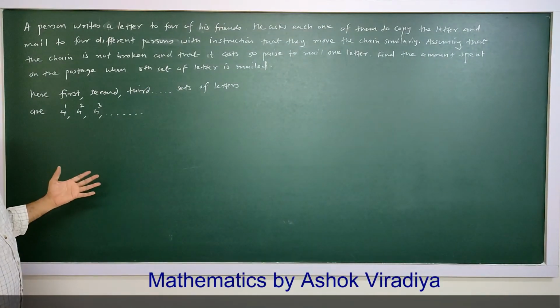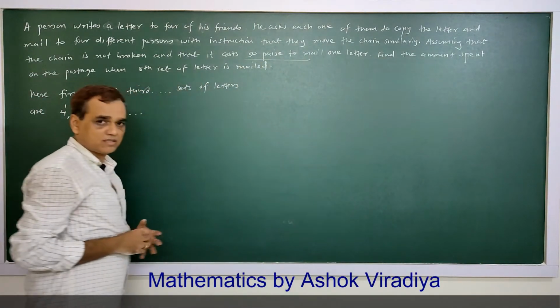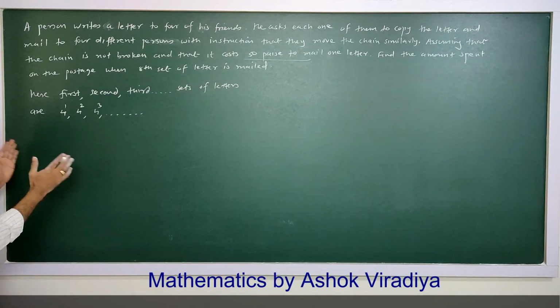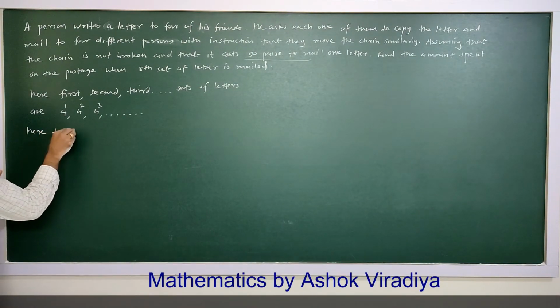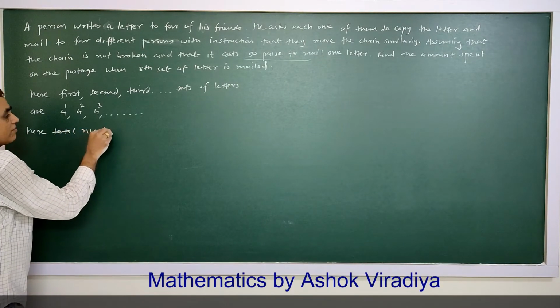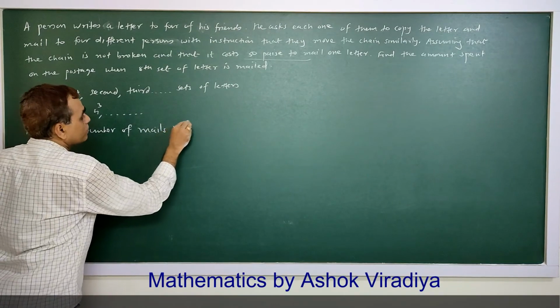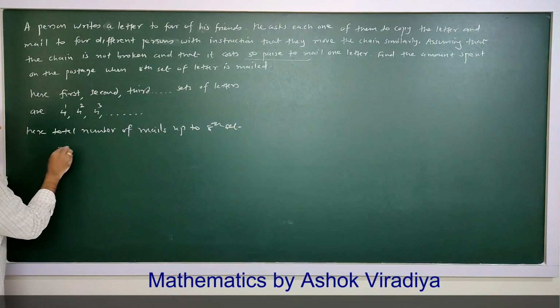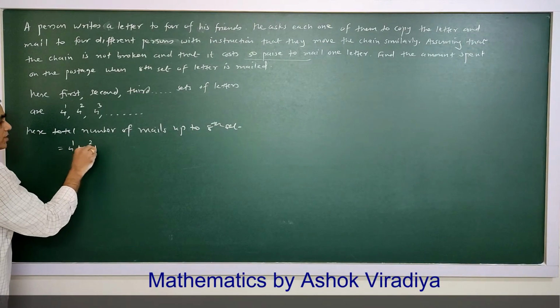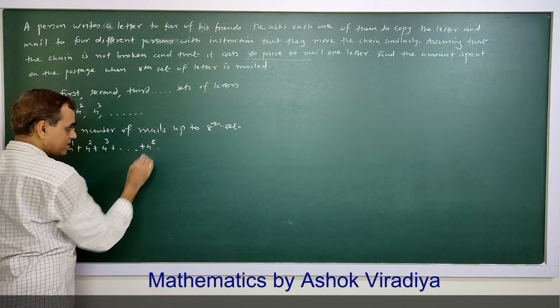And here the rate is given, 50 paisa to mail. So let me find the total number of mails. So here the total number of mails up to the 8th set is 4 to the 1 plus 4 square plus 4 cube up to 4 to the 8.